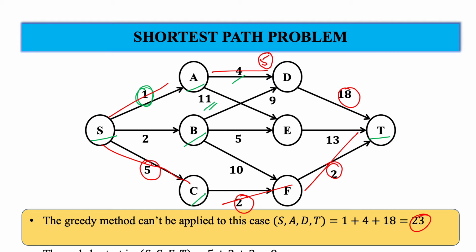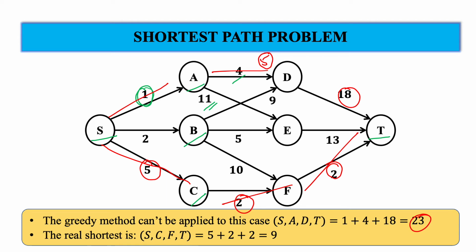So the real shortest path is SCFT, which is of 9 units. So this is minimum, 9. This is much lower than 23. So that means greedy methods fail here. That means greedy method may be applicable for some simple network but may not be applicable for complicated network.